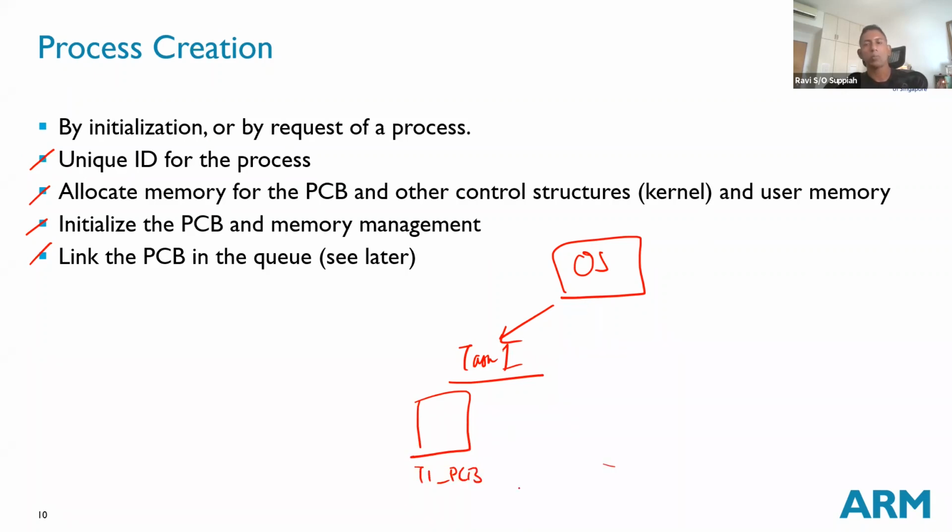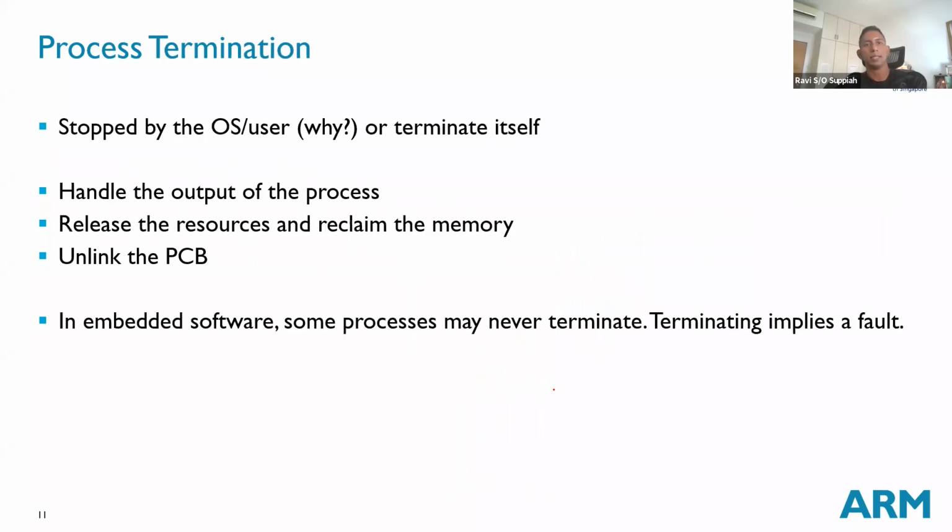This process control block will now be part of the management under the OS, because the OS is also supposed to manage task one, since you have created this new task. And of course, once you terminate the task, you release all the resources that it was holding on to and reclaim back the memory. So the OS will reclaim back the memory.